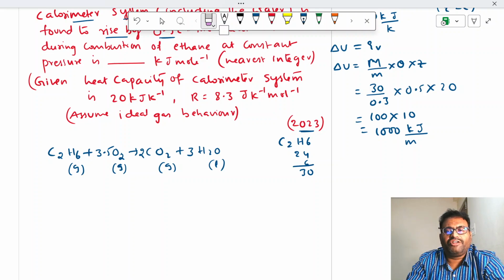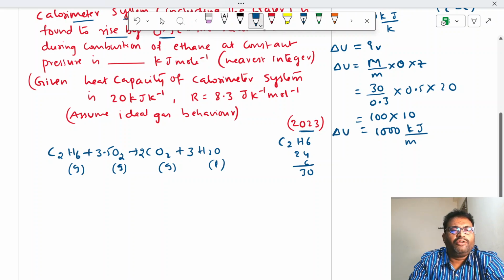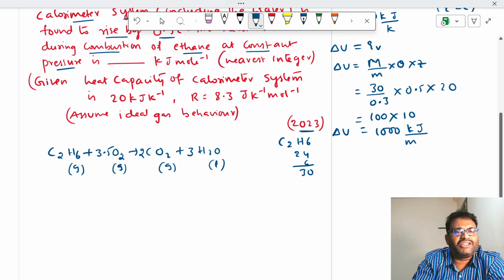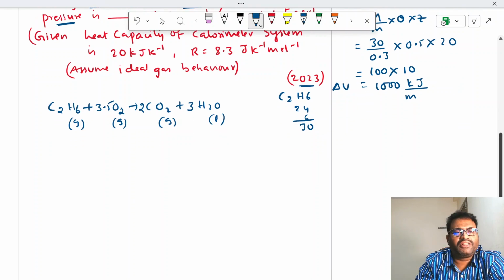So what we got is delta U, or QV. But the question clearly asks for combustion of ethane at constant pressure. We know that here delta Ng is equal to the number of moles of gaseous products minus the number of moles of gaseous reactants.